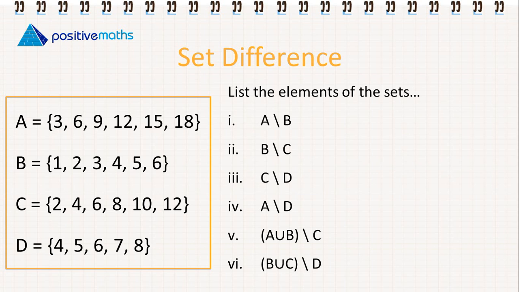So we look at A and we notice that it has the element 3. B also has 3, so we won't be including that. A has 6, so does B, so we won't be including that. All the other elements of A are not in B, so we will be including them. So A without B is going to be 9, 12, 15 and 18.